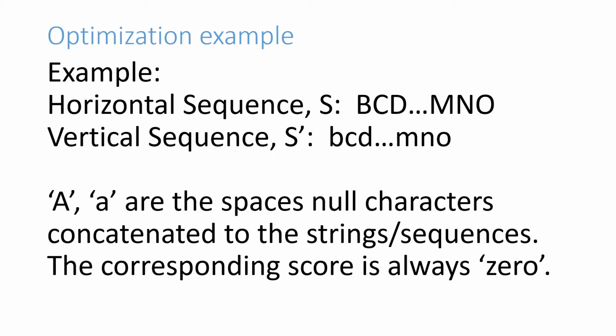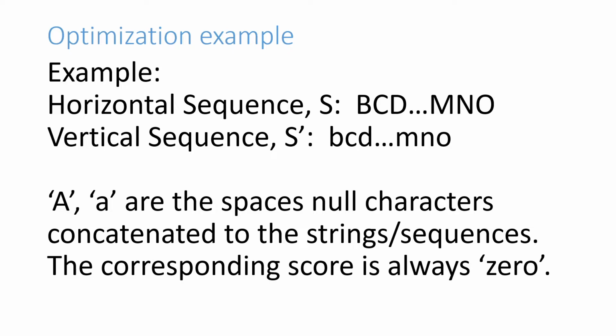So we take two sequences: B, C, D, E, and so on up to O, and a second sequence, capital B, capital C, capital D, and so on up to O. Capital A and small a are spaces, null characters concatenated to the strings, intentionally added. The corresponding score is always 0.